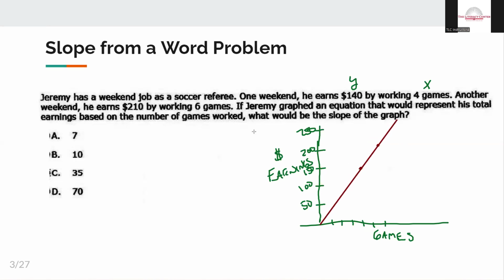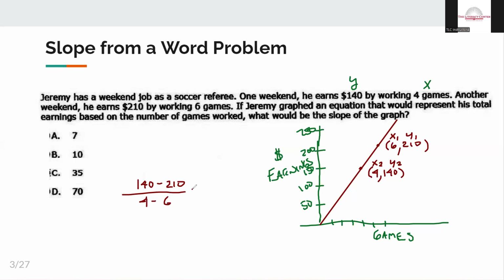The easiest way to figure out the slope is to use the slope formula. And the coordinate for this point is 4 games, $140. And the coordinate for this point is 6 games, $210. Now we can use our slope formula. Let's treat this as x1, y1, x2, y2. 140 minus 210 over 4 minus 6.